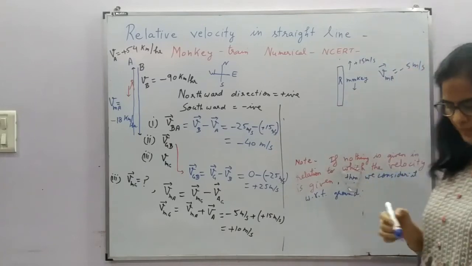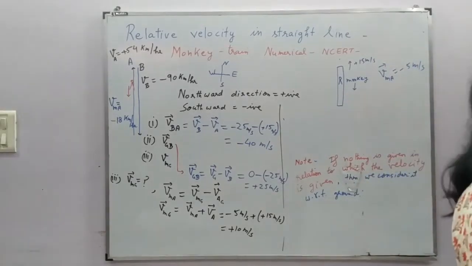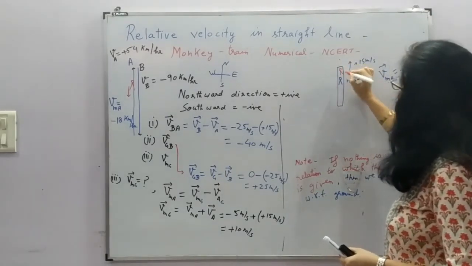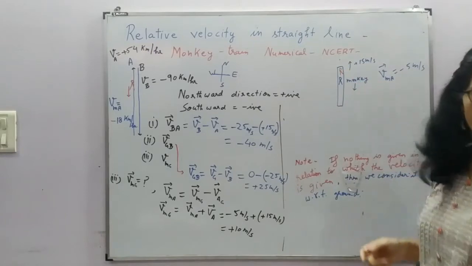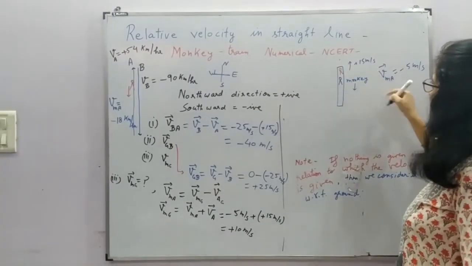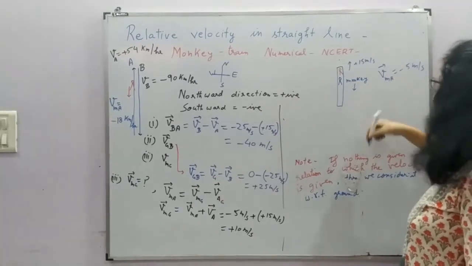What does it mean? It means that if we have another person sitting in train A, the velocity of monkey with respect to the person is southwards.